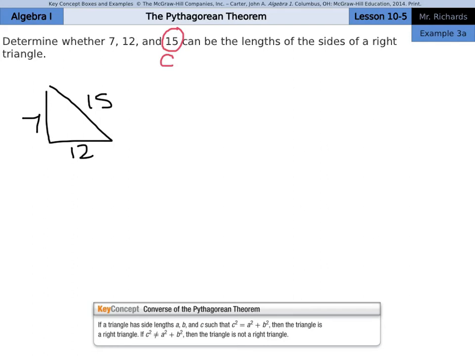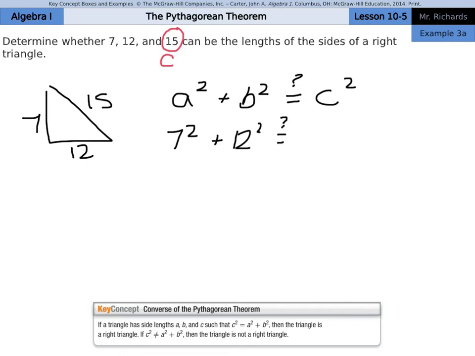So when I go and test, does a squared plus b squared equal c squared? Is this true? If it is, then these 3 sides form a right triangle. If it doesn't, then, well, they don't. So the 7 and the 12, the 2 smaller sides, you can substitute in for either a or b, and I'll just go 7 squared plus 12 squared.